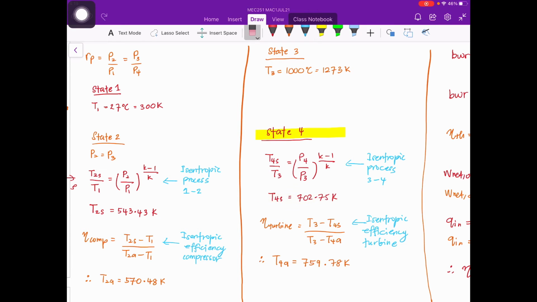Again, once we obtain the temperature for state 4S, next we can find the actual temperature for state 4 by using the isentropic efficiency for the turbine. This will be the answer for item A requested by this question.